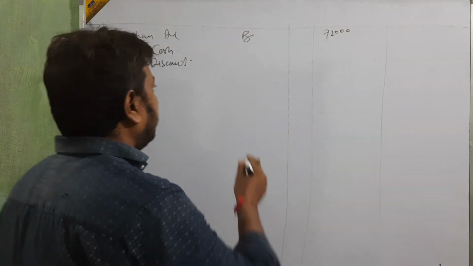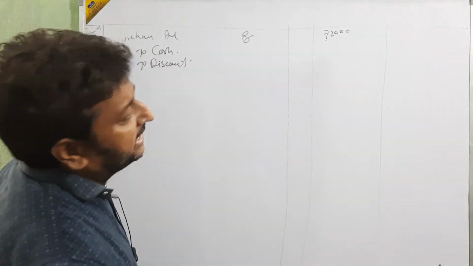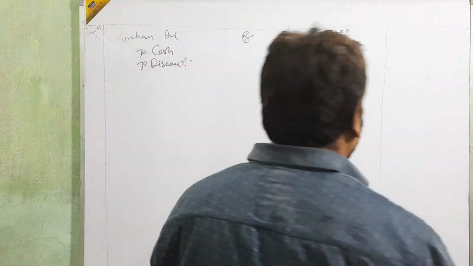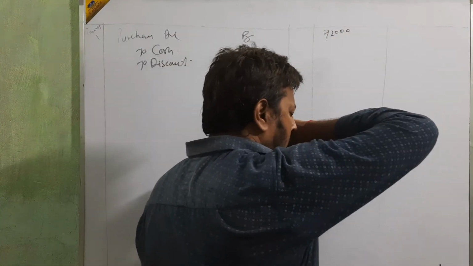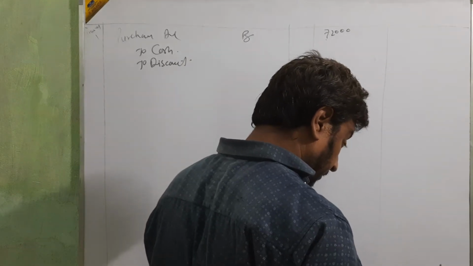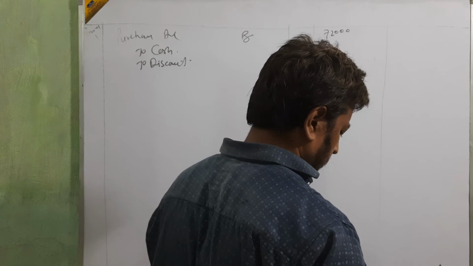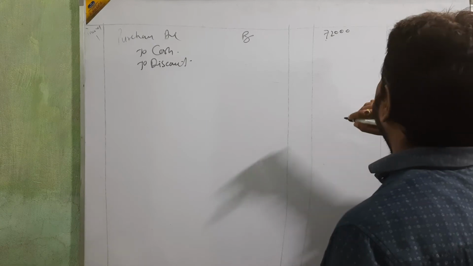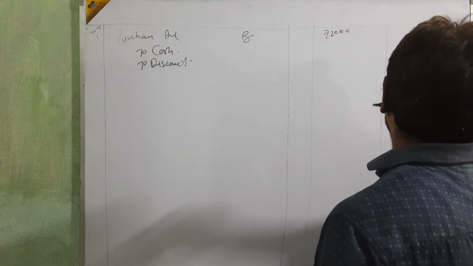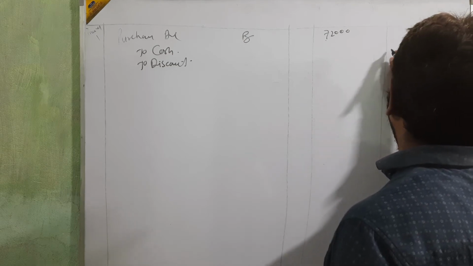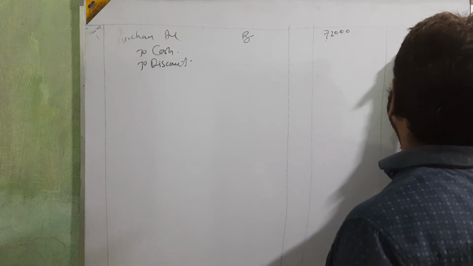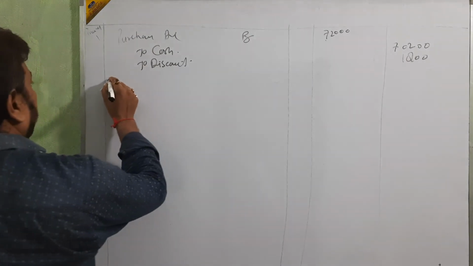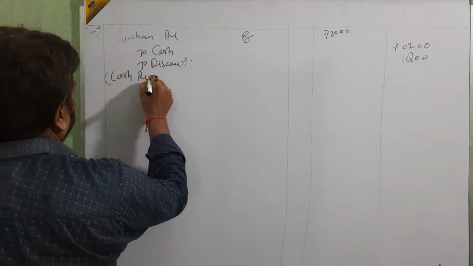Clear? 80,000 less 8,000, then 2.5% is 1,800 in discount. Then 70,200 in cash.